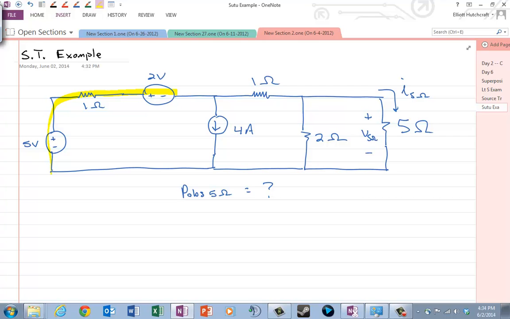So the first thing I would say is that this is the same as minus to plus, minus 2.